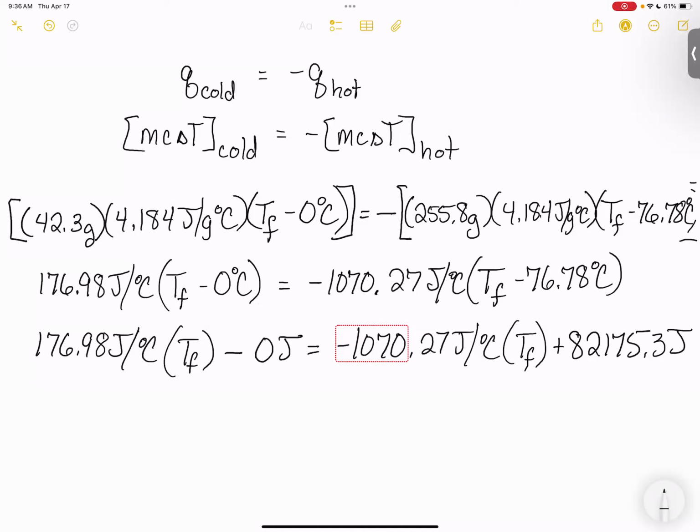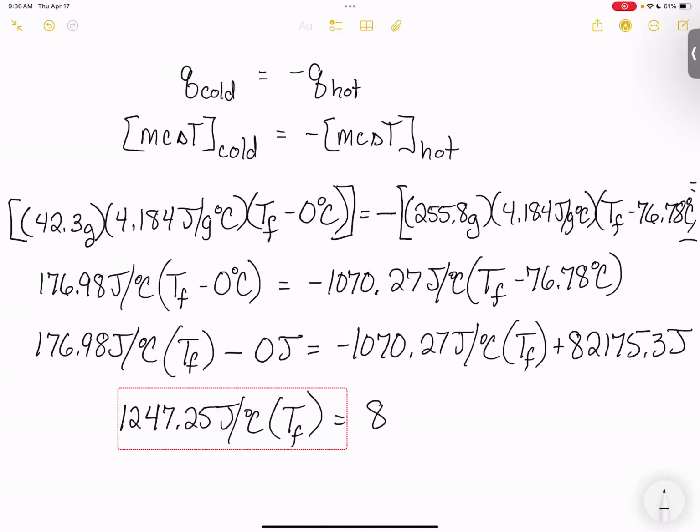So 176.98 plus 1070.27 is 1,247.25 joules per degree Celsius times T final. That is equal to 82,175.33 joules.